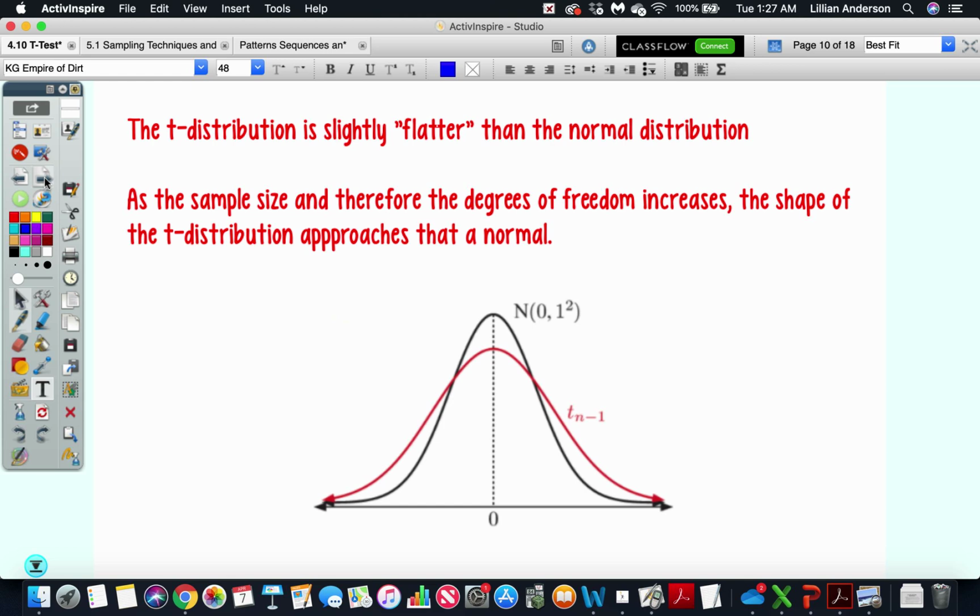As the sample size and the degrees of freedom increase, the shape of the distribution changes, and that's what causes it to appear more normal. If you were to Google or use Khan Academy to find more information about the t-test, you might see this curve. Don't confuse it with the normal distribution, but it does look similar. It's a little bit flatter than a normal distribution curve.